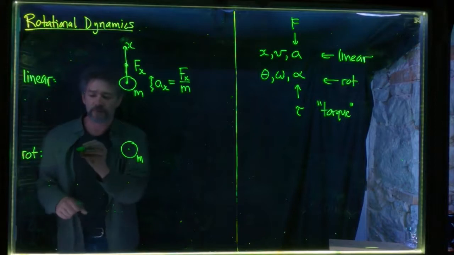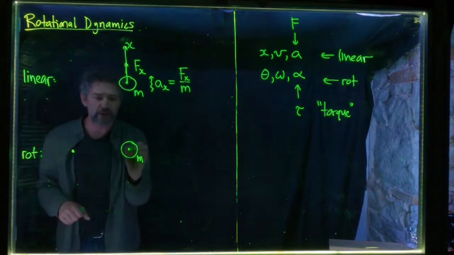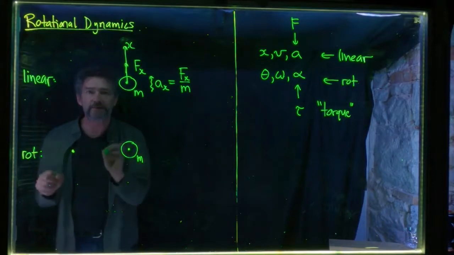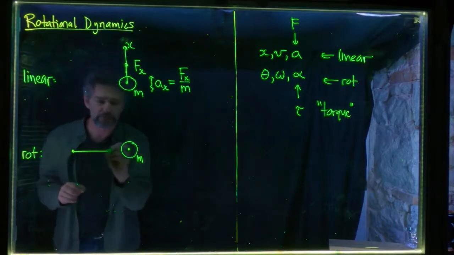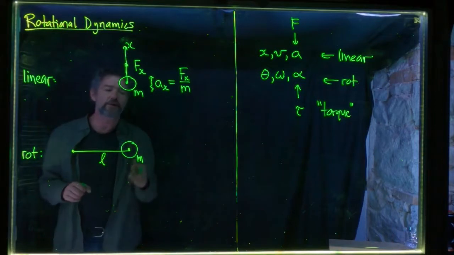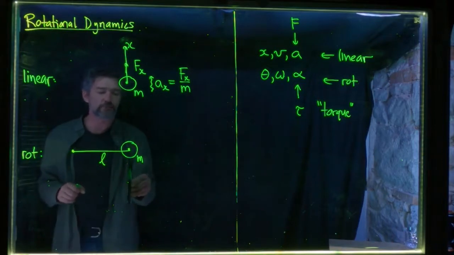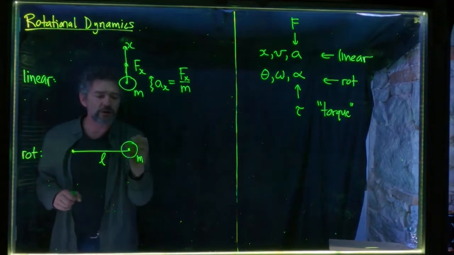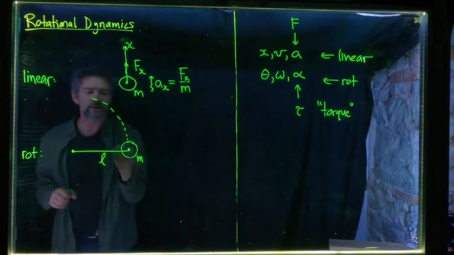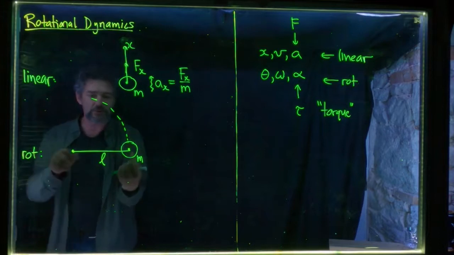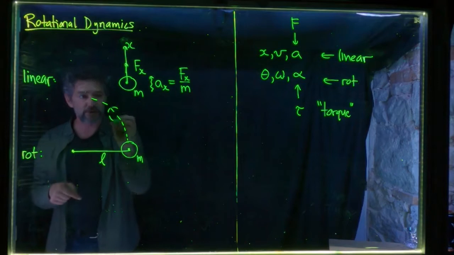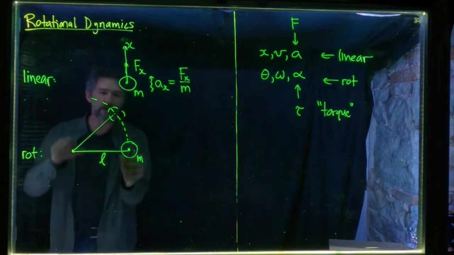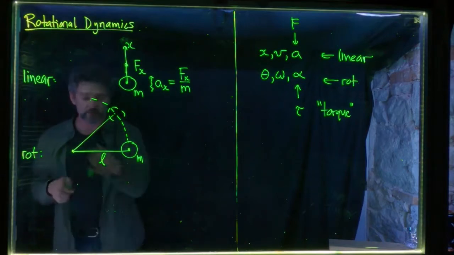We take a pivot point over here and we attach the pivot point to the center of mass here with a massless rigid rod of length L. When we apply a force to the mass in this direction, it won't go along the x-axis, but it will rotate around like this. We apply a force and it'll undergo an angular acceleration, it'll pick up angular velocity, and sometime later it'll be over here. And then it'll be moving around and around in a circle like this.